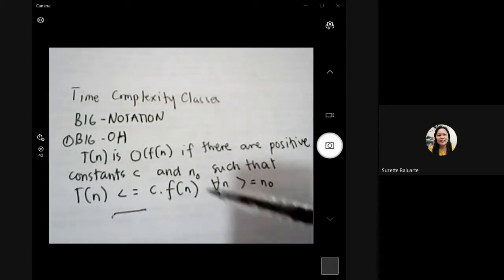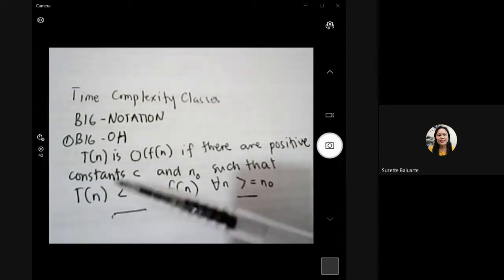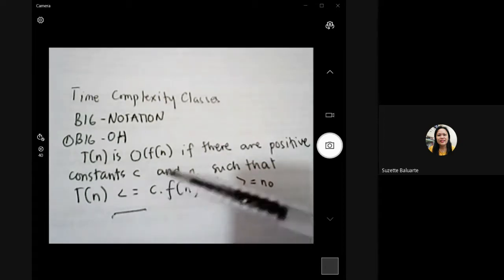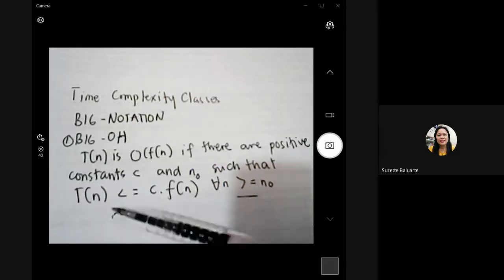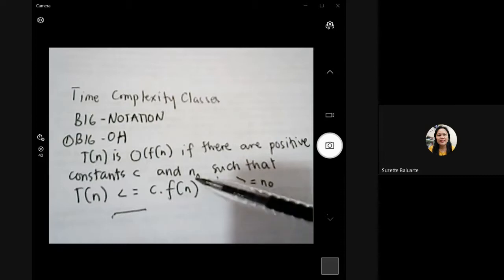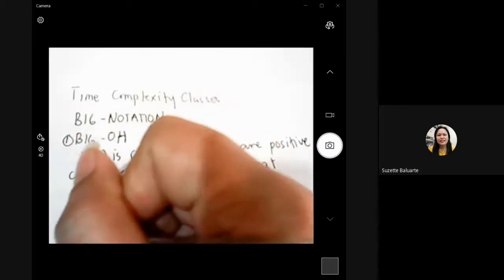So, it would be lower bound to upper bound. The T of n must be less than the C of f of n for all n greater than n sub 0. That's the big O.